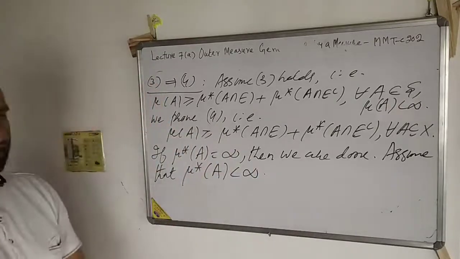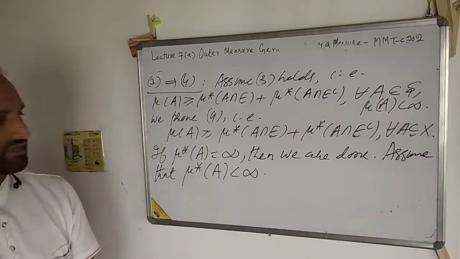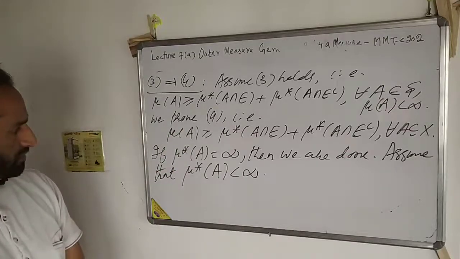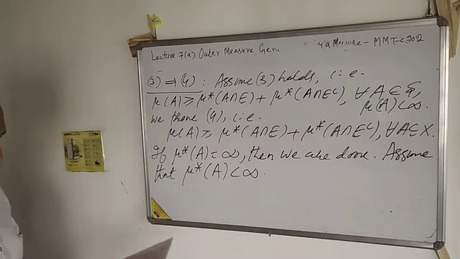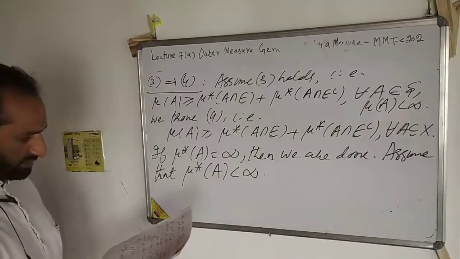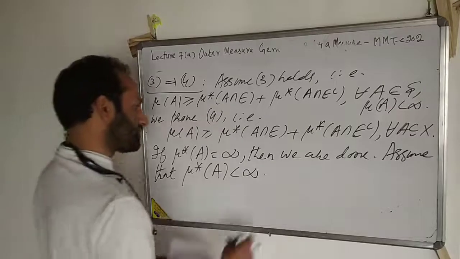But what's mu star? It's actually the infimum of a certain class of sums. So it's the infimum of that set. Now let's apply the property of infimum. Let epsilon be any positive number.